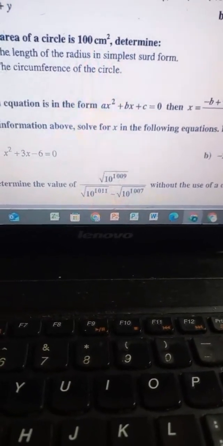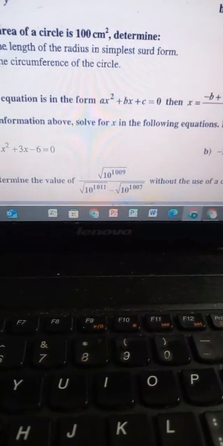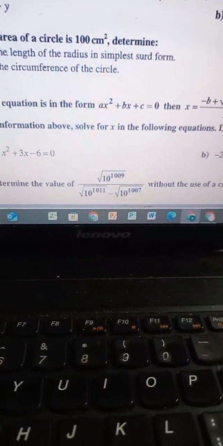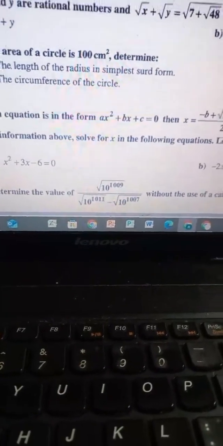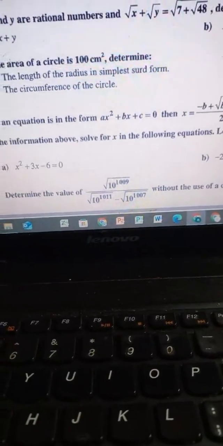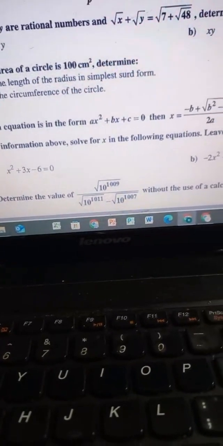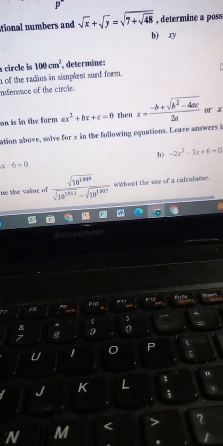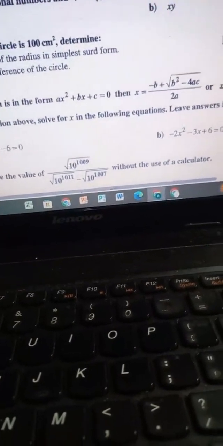The first time with you, Segamet. All right. So now we want to determine the value of this without the use of a calculator.